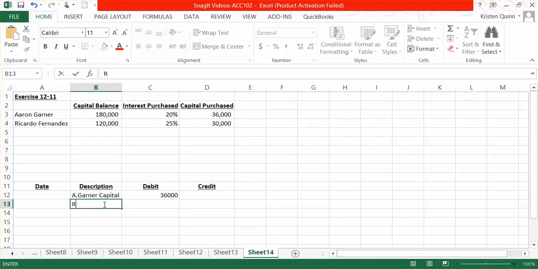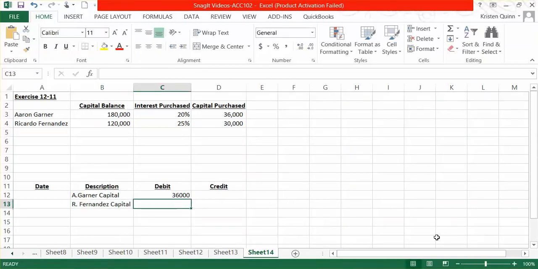We would debit Ricardo Fernandez for the amount that he is now selling to Carpenter, which in this case is $30,000.